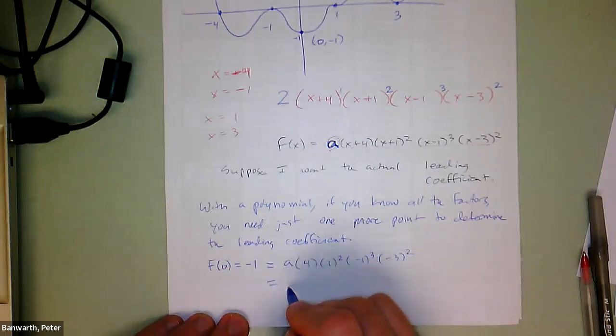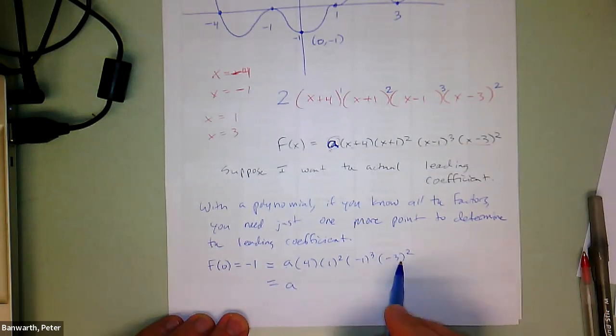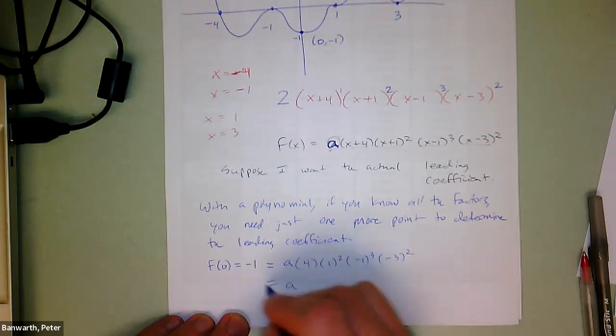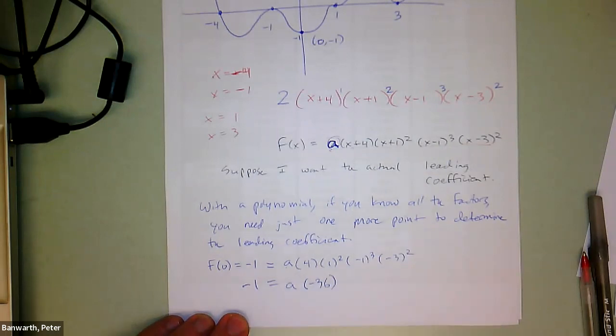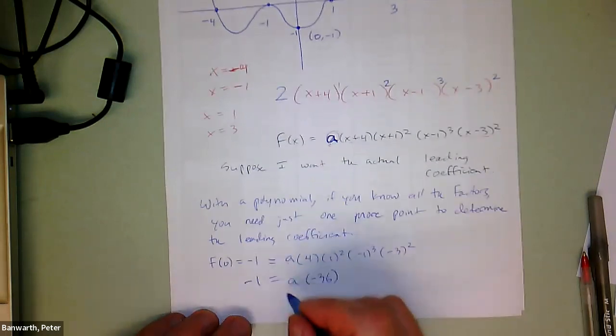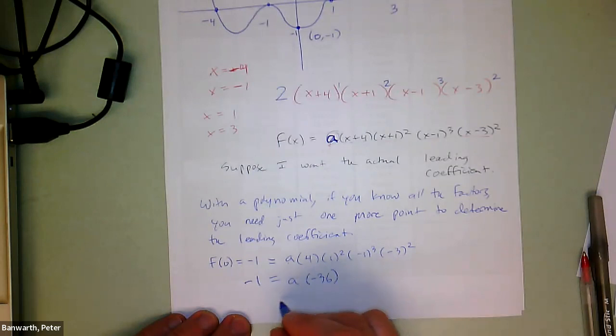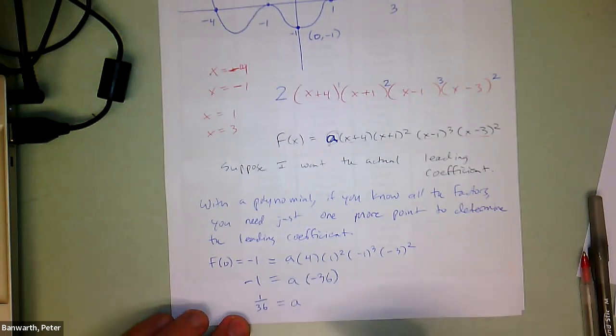Now it's arithmetic. 4 times 1 is 1. That's -1. That's +9. So 4 times -1 times +9 is -36. So A must equal -1 over -36, or 1 over 36.